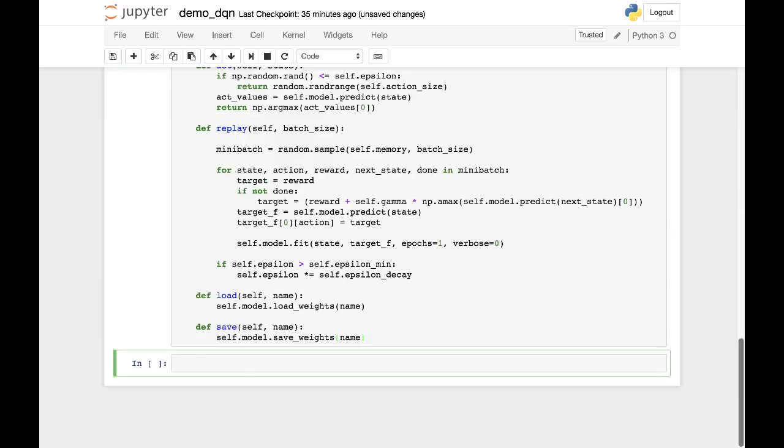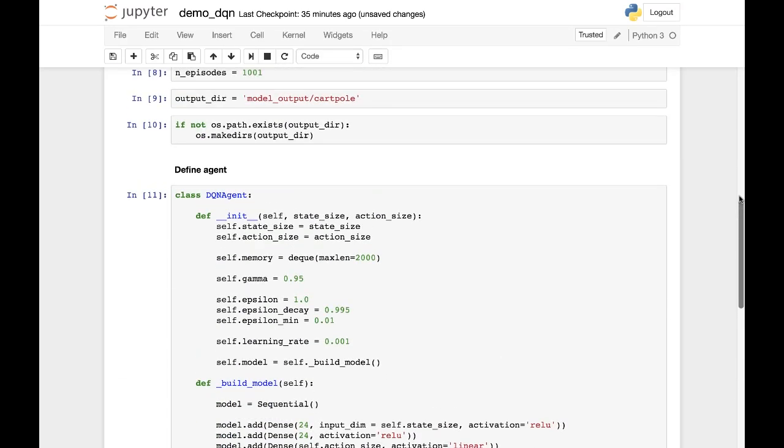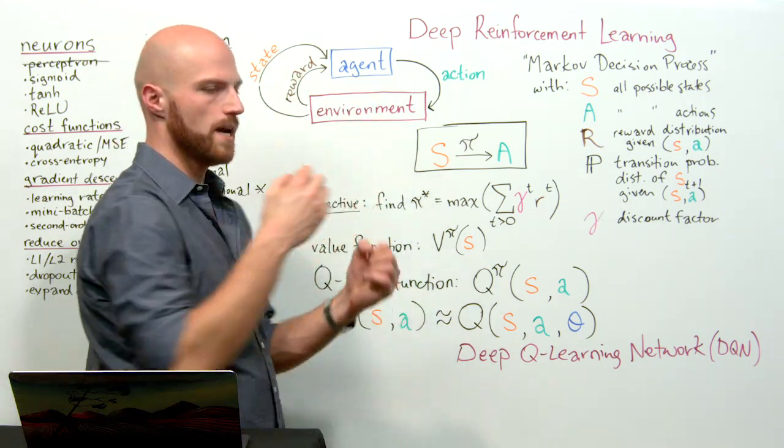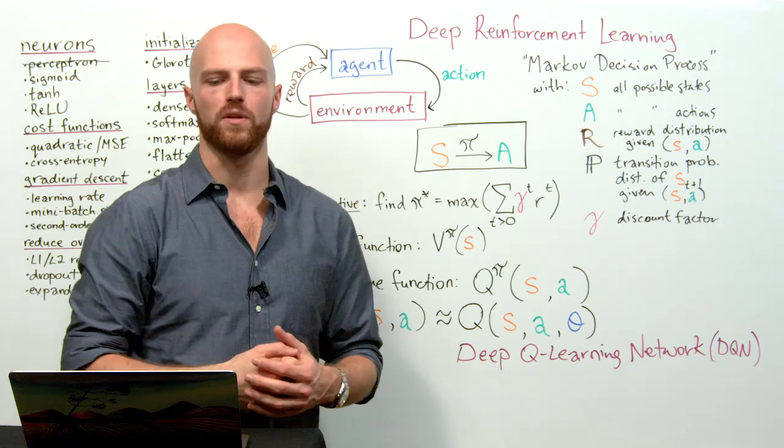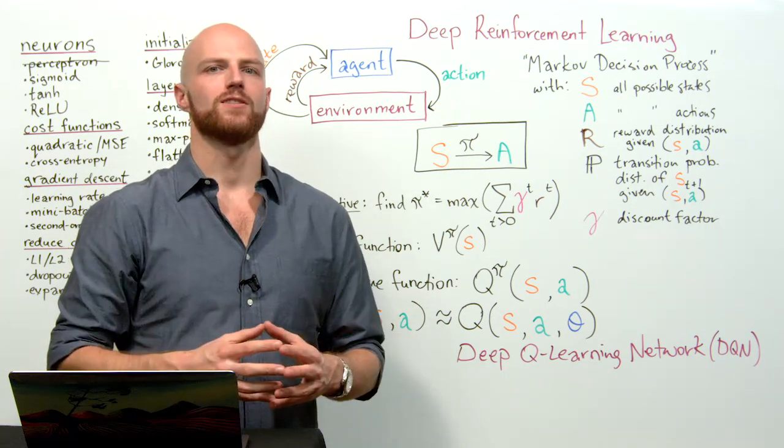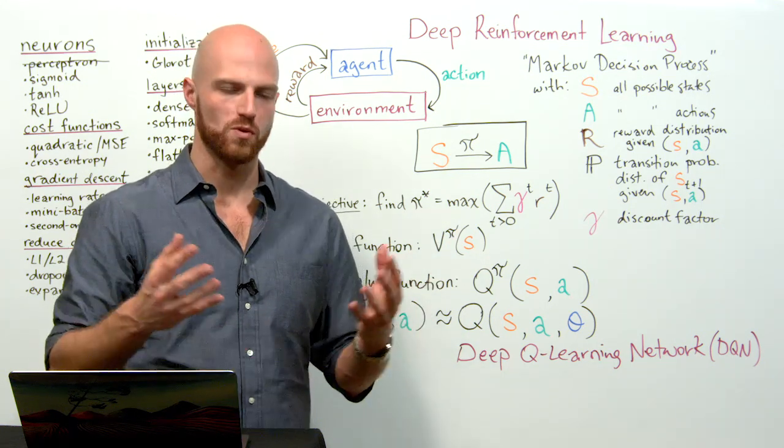So there you have it. We have defined our DQN agent. We're now ready to get our agent inside of the OpenAI Gym cartpole environment and train it to perform well at the task, to win the cartpole game.